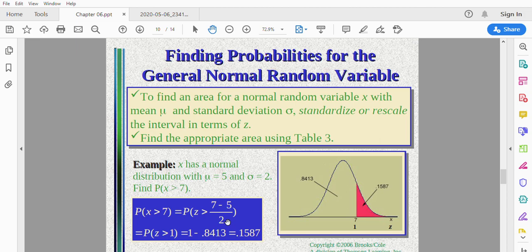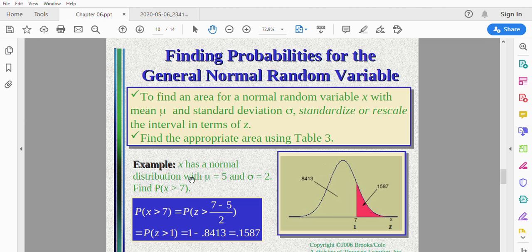So to find an area for a normal random variable x with the mean mu and standard deviation sigma, we standardize or rescale, right? This is an example of how we standardize.